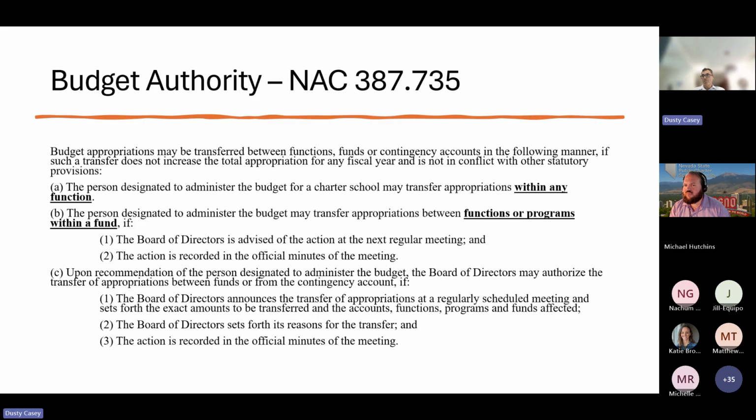So it's a great question, and it's one of the questions we've got. What your boards need to see, and this is a compliance thing, is that your boards have to authorize your resources, the inflows and the outflows. By NRS, they're required to do that on a fund basis.